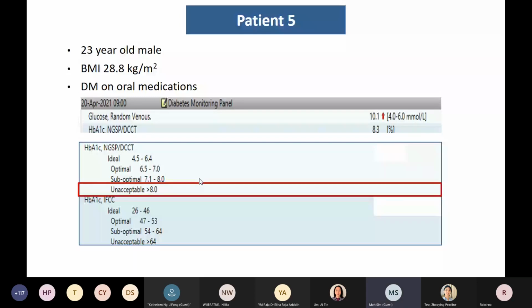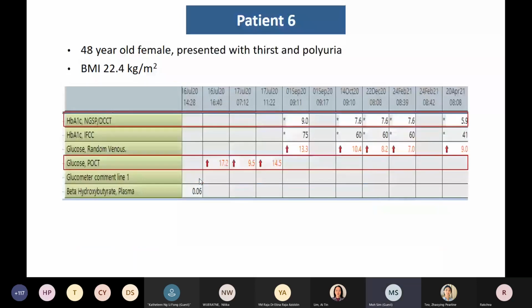Patient number 6 is a 48-year-old female who presented with thirst and polyuria, and she has a BMI of 22.4 kilograms per meter square. She was actually admitted to hospital on the 16th of July, 2020, and at the time of admission, her glucose level was 17.2 millimoles, and we also measured ketones, beta hydroxybutyrate, and this was 0.06.